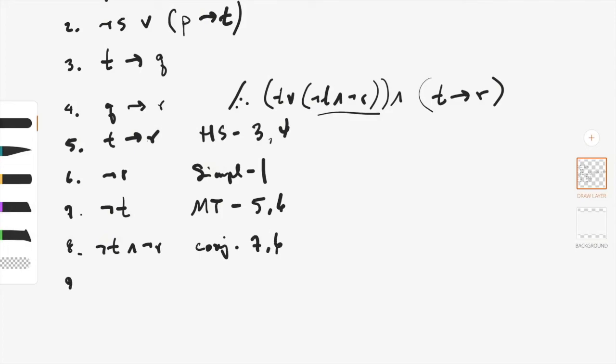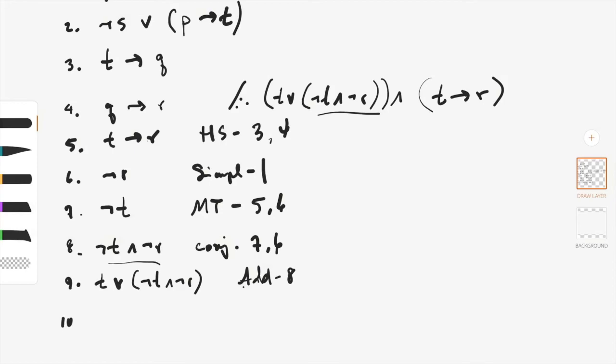Then on line 9, we will use this unit as the basis for addition to derive T or not T and not R, just like that. That will be addition on line 8. Notice that addition has only one premise in its schema, so we have only one line number that corresponds to that premise.